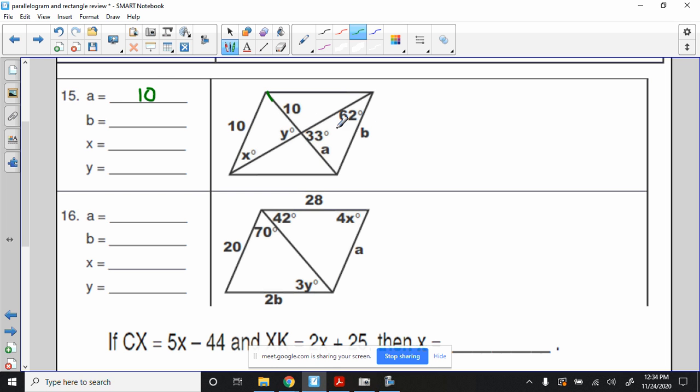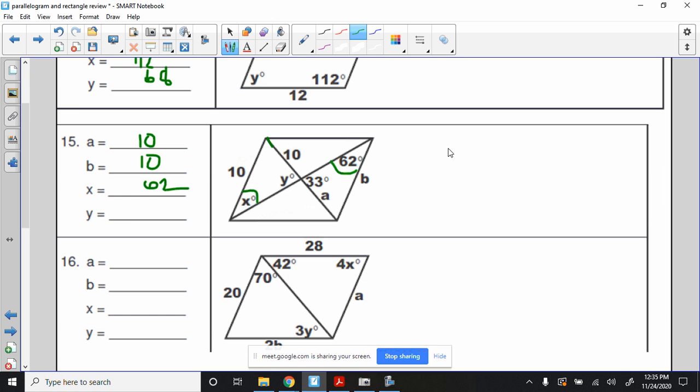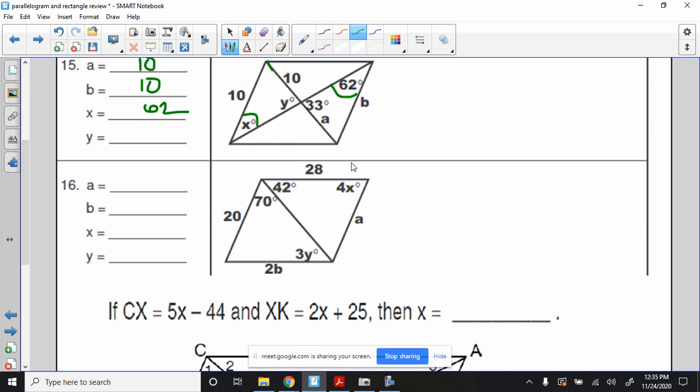B is also 10, because their opposite sides are equal. Okay, 62 and X are alternate interior. We just covered that. And Y and 33 is vertical. We covered that as well. So that's another mild one, not too hard, as long as you know those concepts.